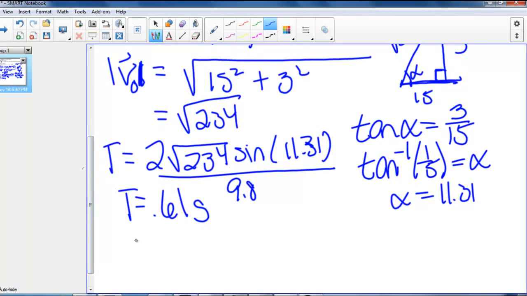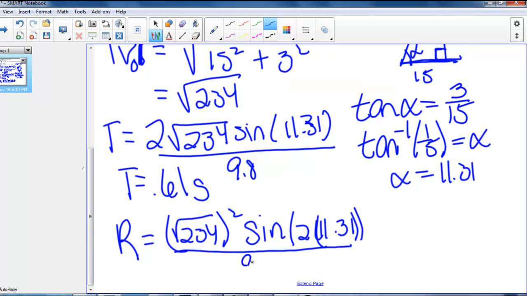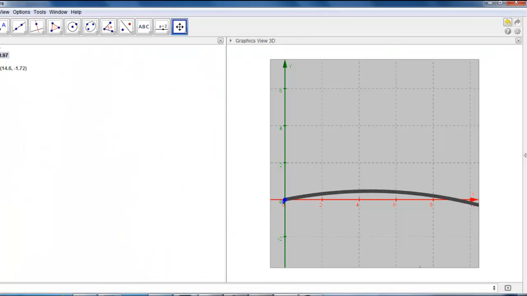Then our range is equal to square root of 234 squared times sine of 2 times 11.31 all over gravity. So 9.18 meters is our range. And that looks about right, looking at our graph.